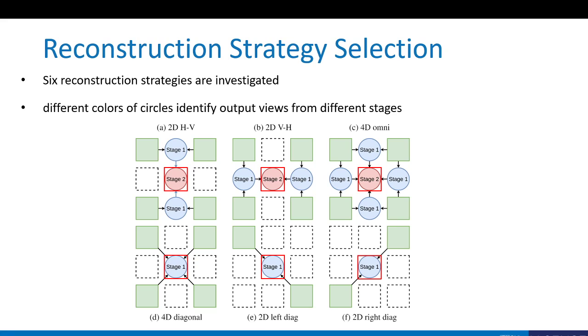Three of these strategies, including 2D horizontal vertical, also named 2D HV, 2D vertical horizontal, 2D VH, and 4D omni, are two-stage cases involving generated side views as intermediate stages. The other three, including 4D diagonal, 2D left diagonal, and 2D right diagonal, require only one stage to generate the central view.